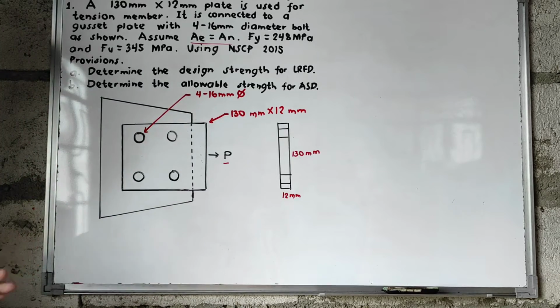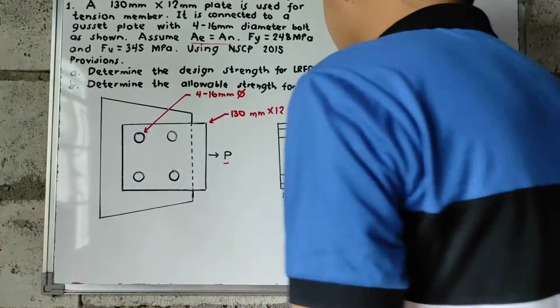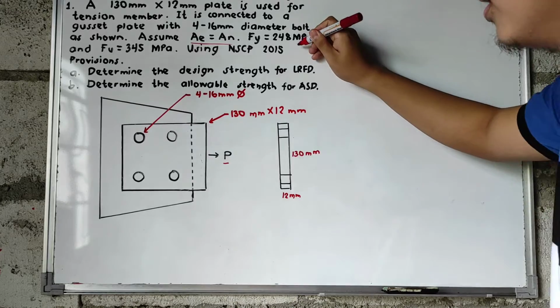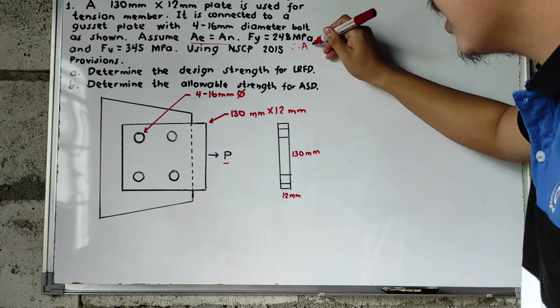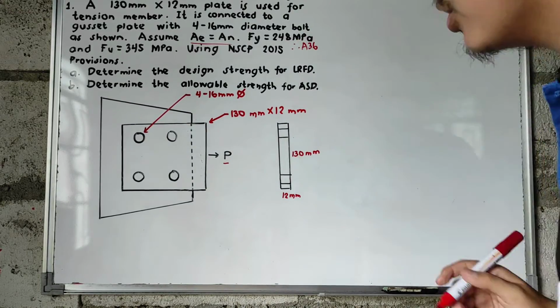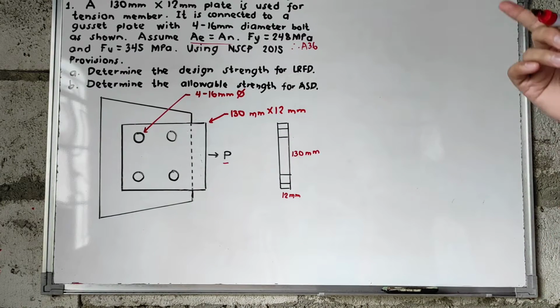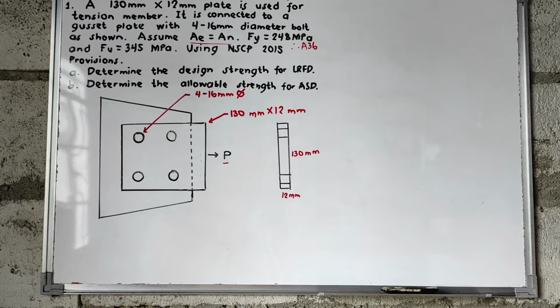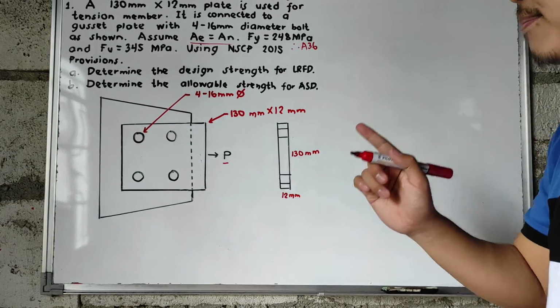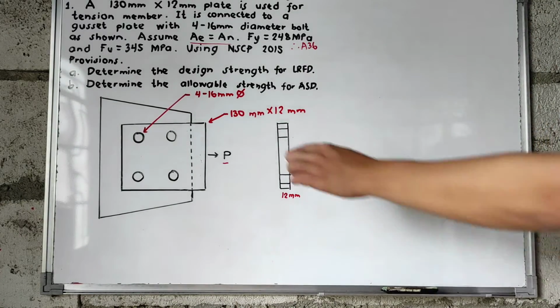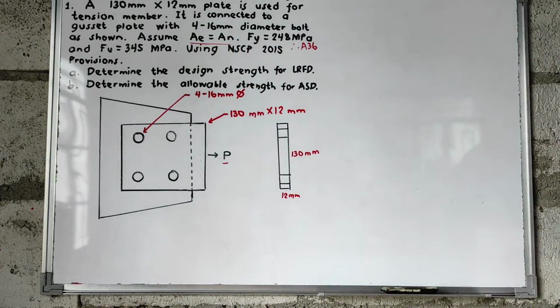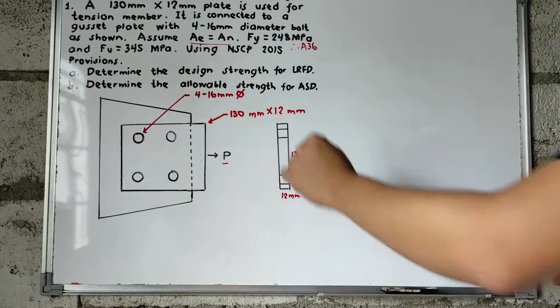Fy is 248. Since Fy is 248 megapascal, you are considering A36 steel, which is the one we usually use. And Fu is equal to 345 megapascal. Using NSCP 2015 provisions, we will determine the design strength.